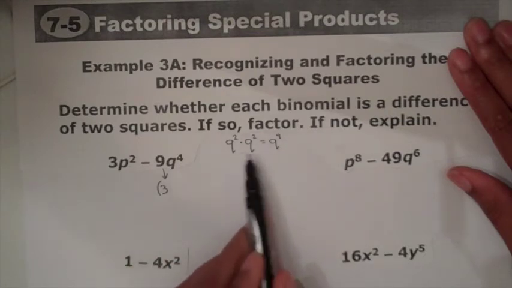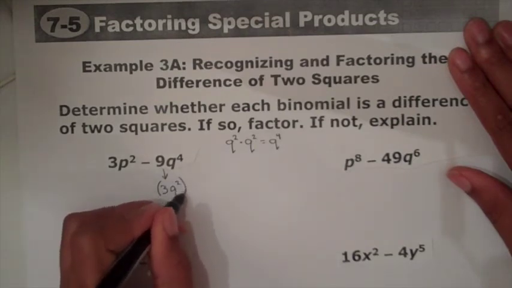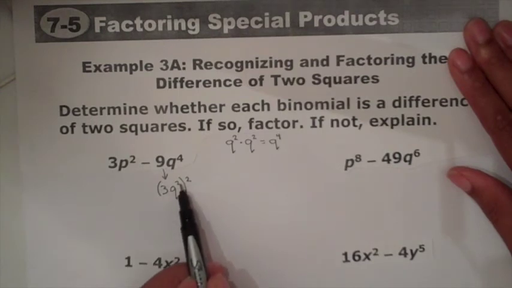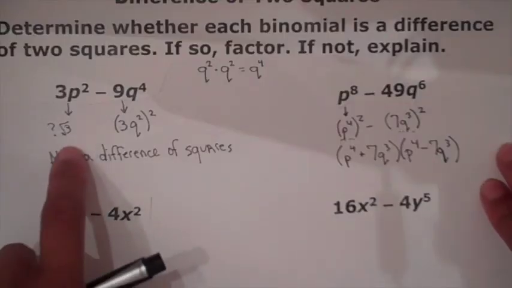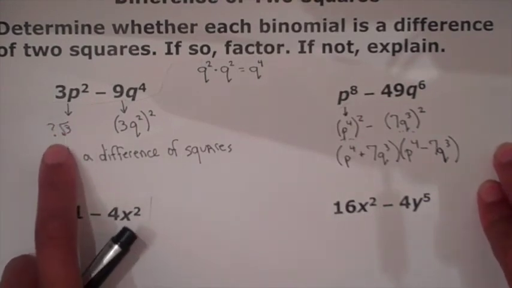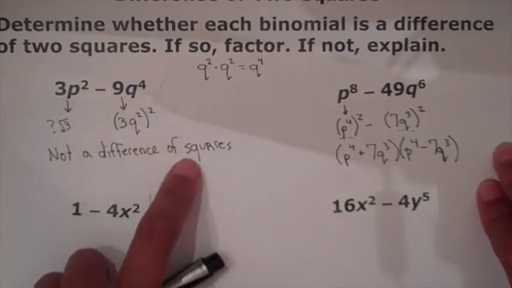So q to the 4th is q squared, squared. Now when it's a power, we would multiply these two exponents. 2 times 2 would also give us the 4. Okay, so because 3 is not a perfect square, this first one is not a difference of squares.